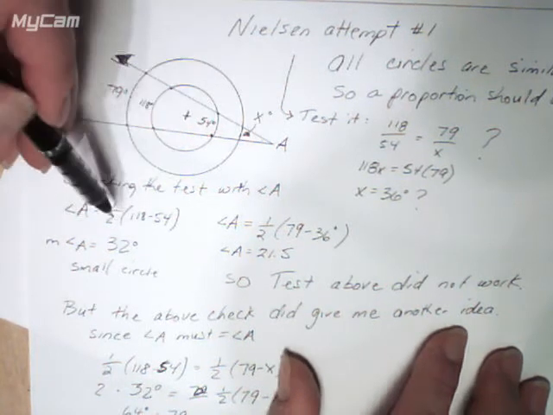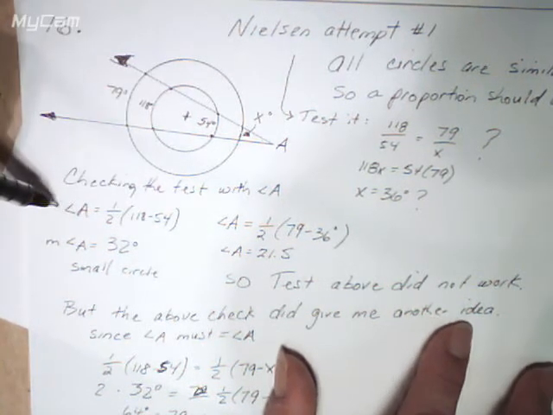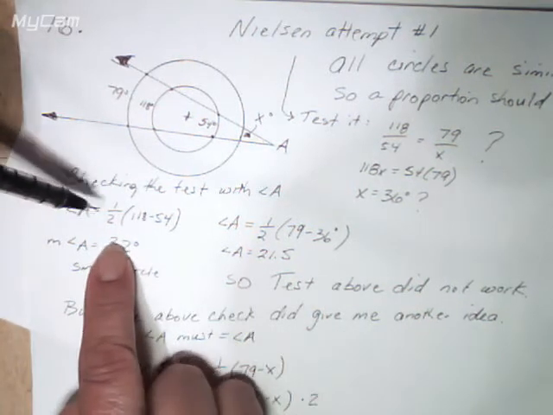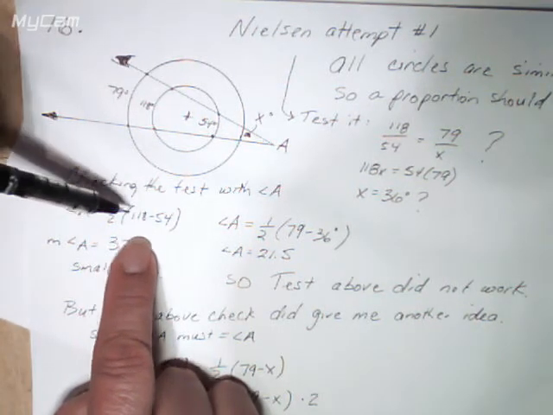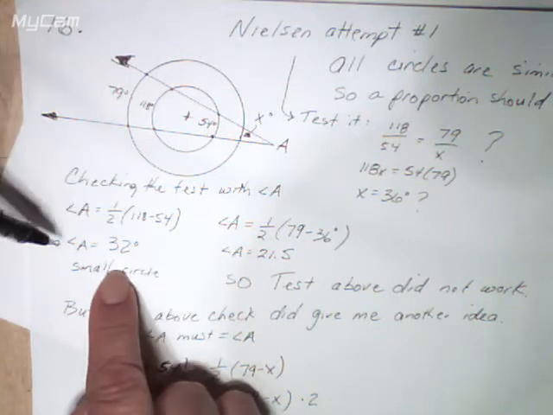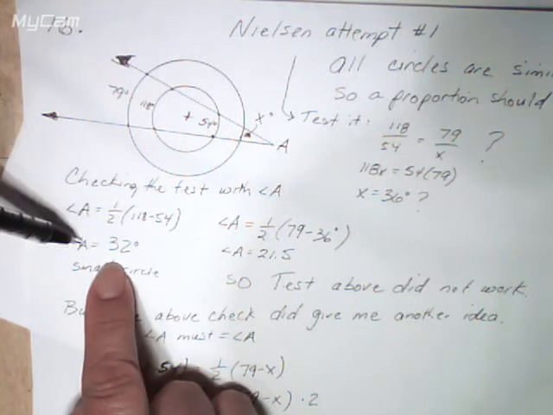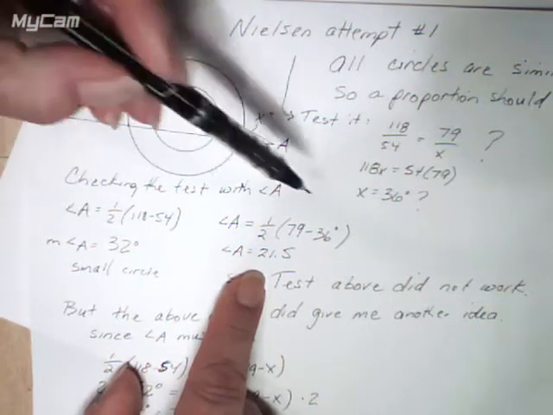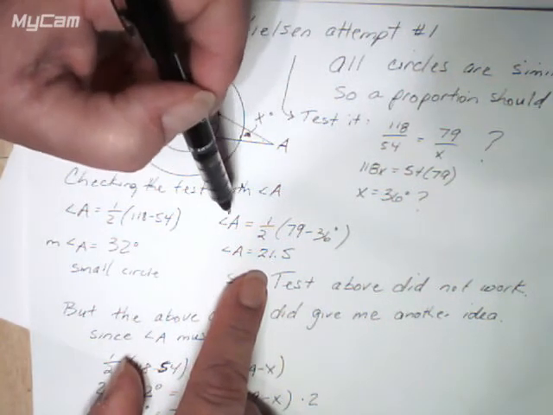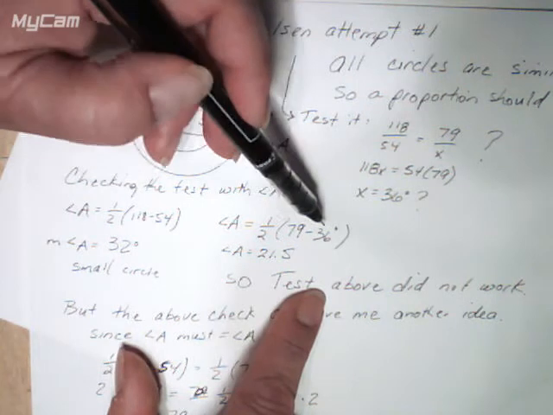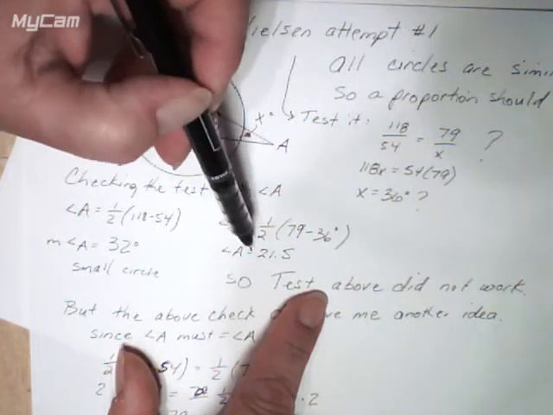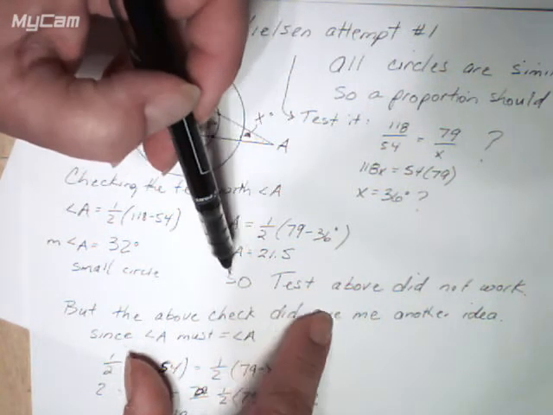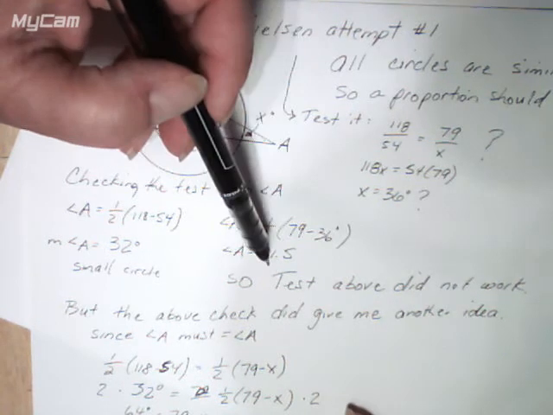The measure of angle A is 1/2 of 118 minus 54, and I get A is equal to 32 for the small circle. For the big circle, the measure of angle A is 1/2 of 79 minus 36, and I get 21.5. So that did not work.